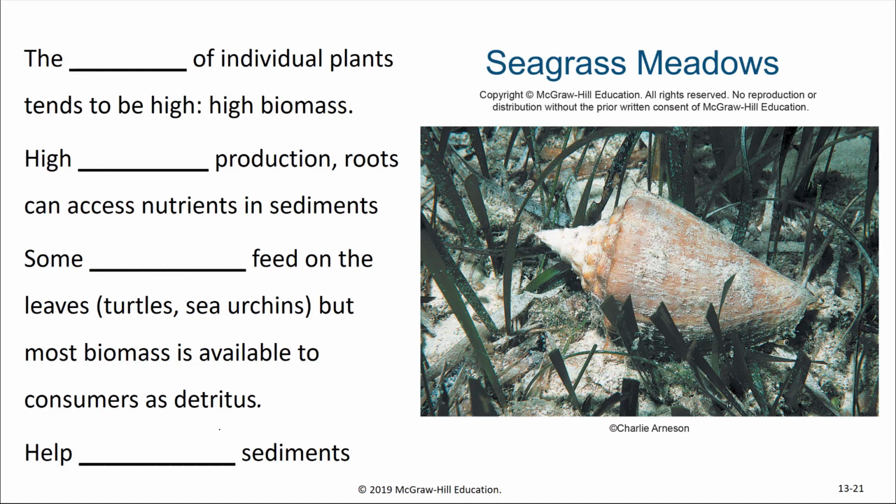The density of the individual plants tends to be high, like you would assume with terrestrial grasses as well, and they generate a very high biomass. These seagrasses have high levels of primary production.